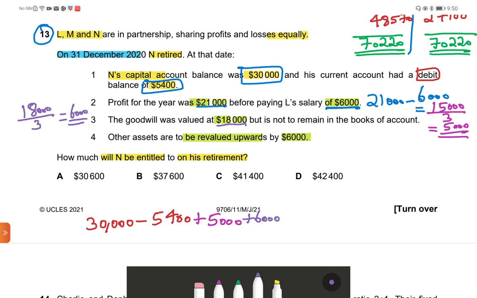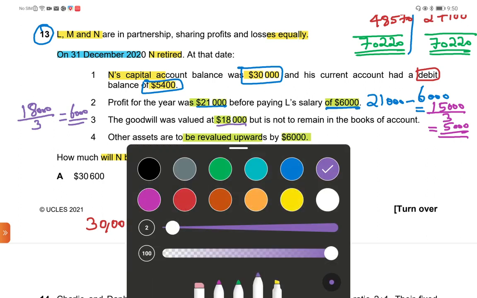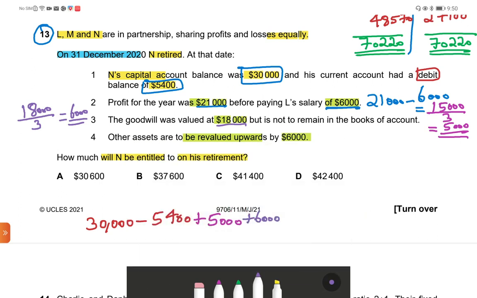Next, other assets are to be revalued upwards. Revaluation profit also we are adding to his capital account. Revalued upward: when the assets and liabilities are revalued, the value is more. Value is more, it will be good for him.